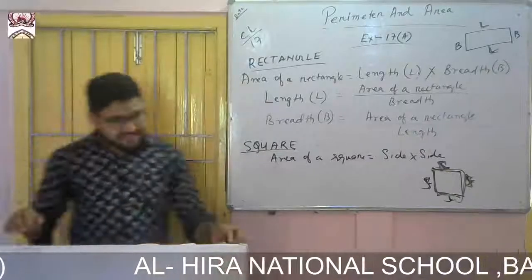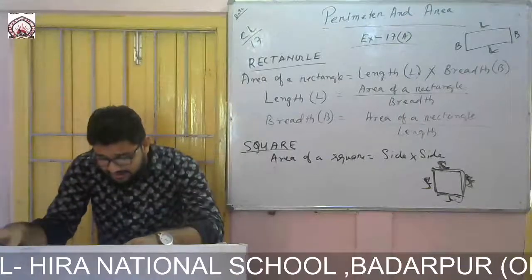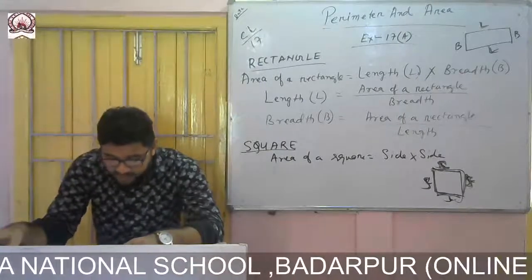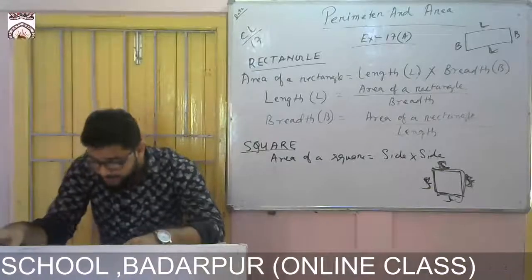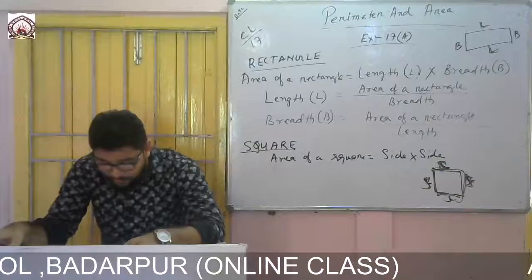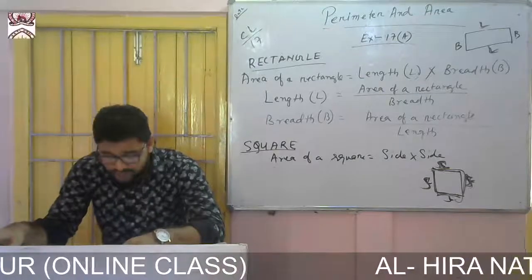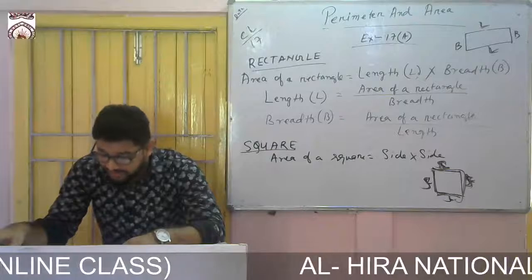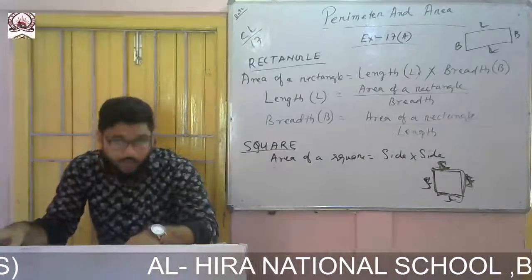In exercise 17b, the side of each square is 1 centimeter. Find the area of each shaded part. If more than half of a square is shaded, then count it as 1.